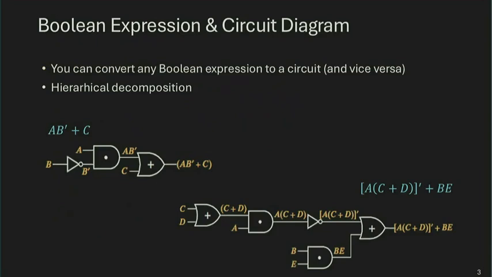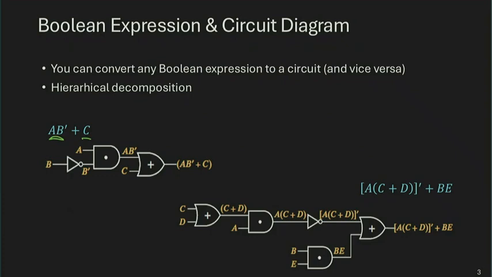All right? So Boolean expression and circuit, they're very related. You can convert a Boolean expression in terms of variables into a circuit by hierarchically decomposing the Boolean expression. So for example, the first Boolean expression, ab prime plus c, at the top level, it is an OR of two components, right? OR between ab prime and c.